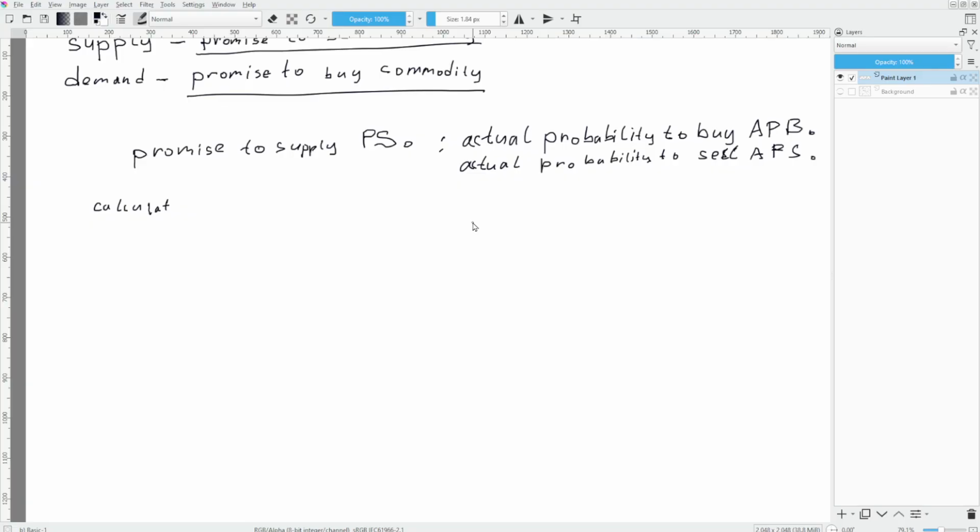And when there are actual probabilities, it means that there are some other probabilities. We call them expected probability to buy, and we have expected probability to sell.